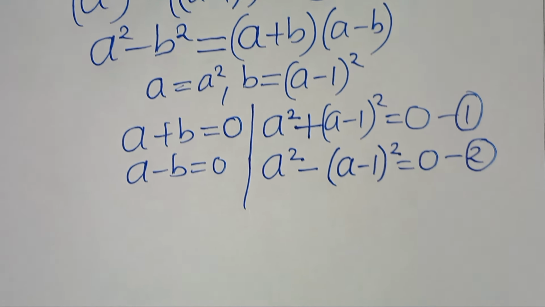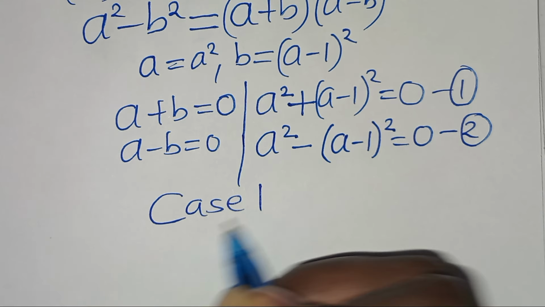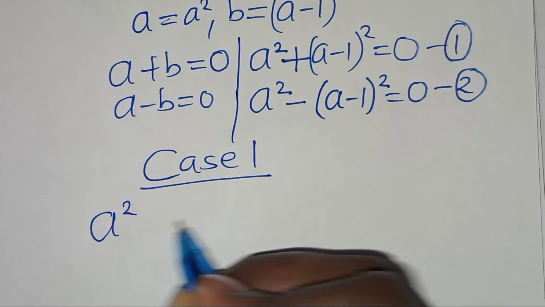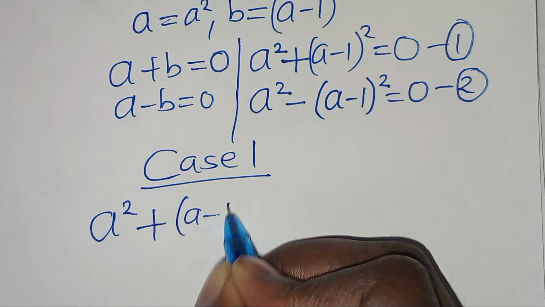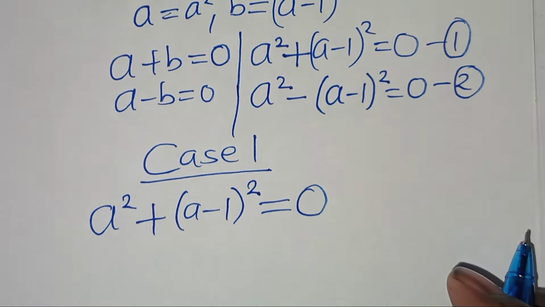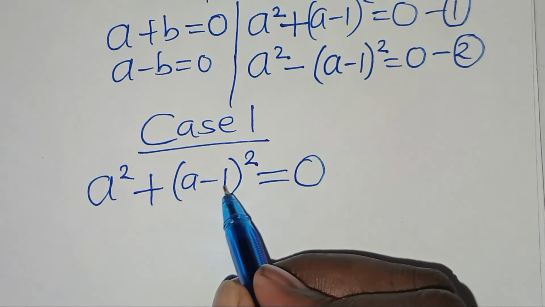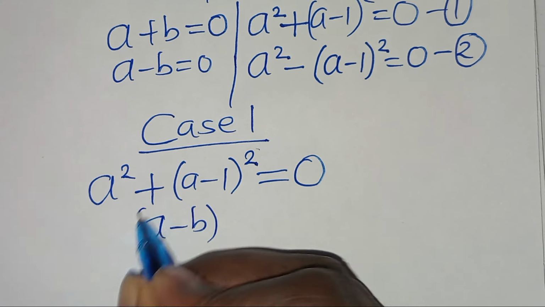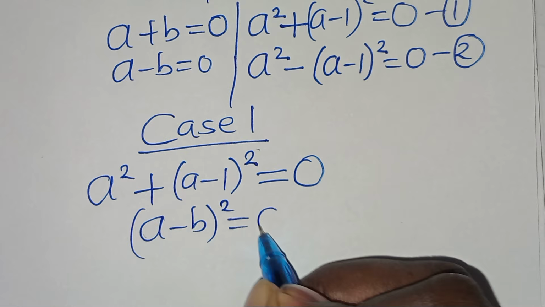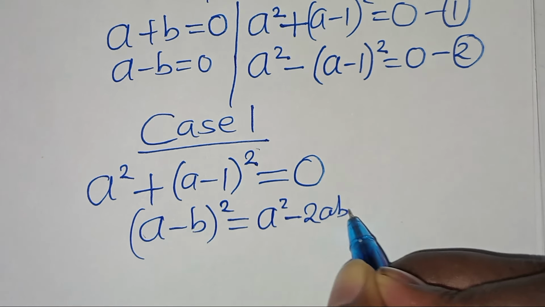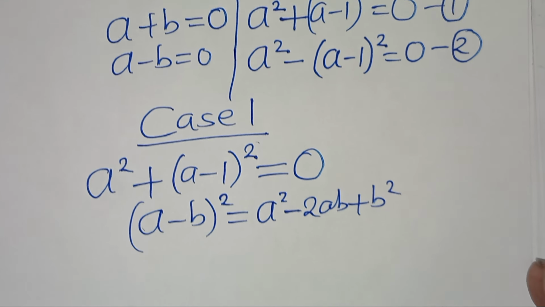Now, let's start with equation 1 here. We can call this case 1. So we have a squared plus, here we have a minus 1 to the power of 2. This is equal to 0. Now we have that a minus 1 to the power of 2. This is in the form of a minus b to the power of 2, which we can express as a squared minus 2ab, then plus b squared.